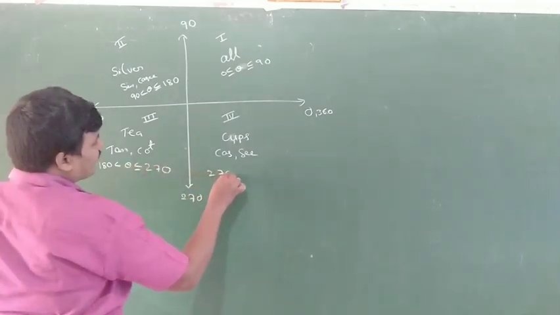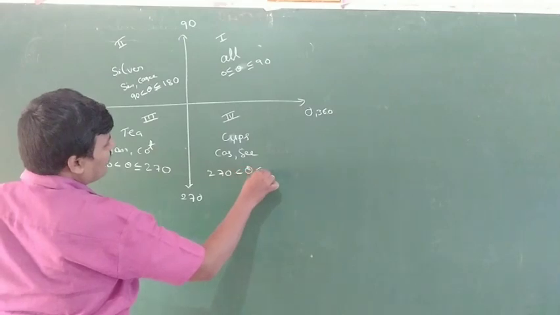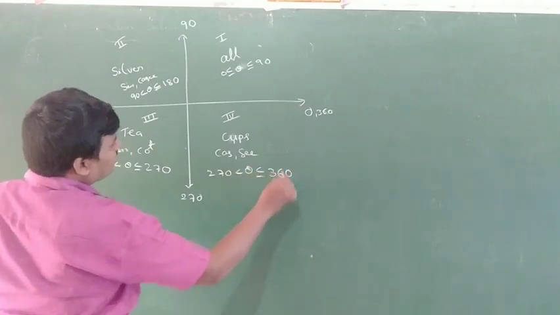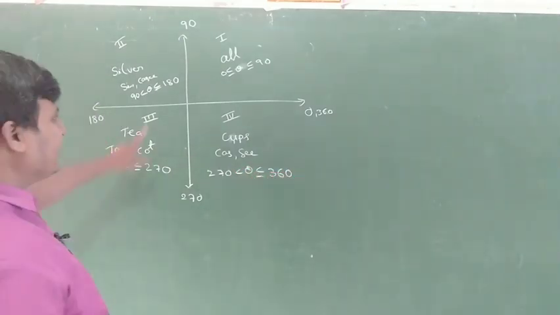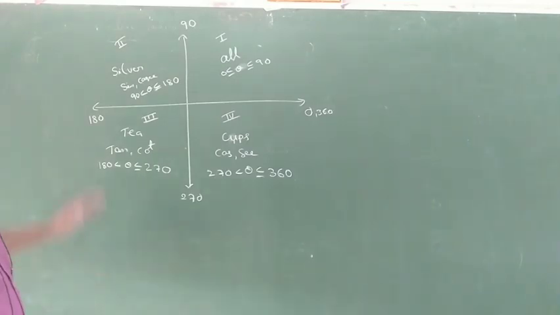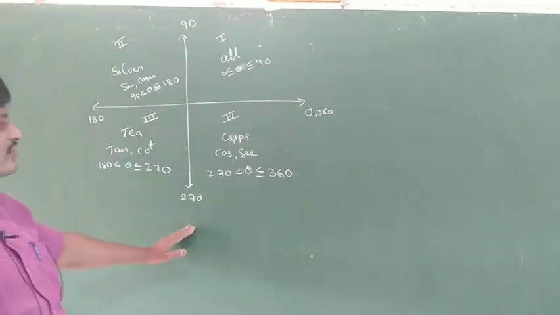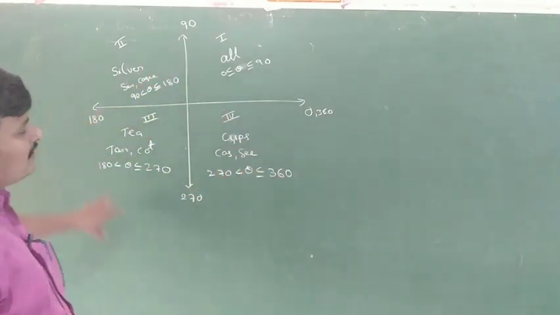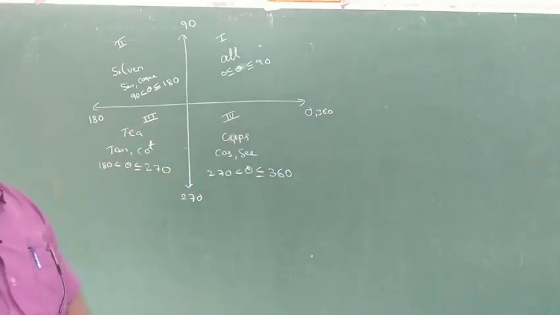In the fourth quadrant, 270 less than theta less than or equal to 360. In the first quadrant, the range is up to 90. Second quadrant is 90 to 180, this is 180 to 270, 270 to 360. This is one complete revolution.